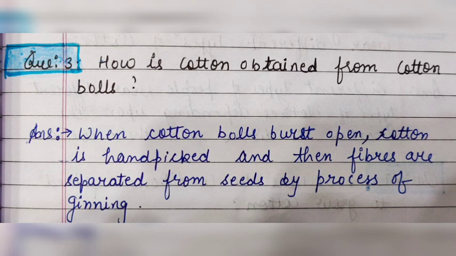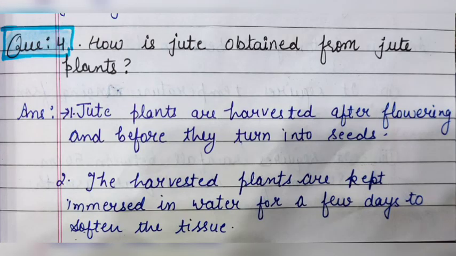The fruit of the cotton plant, that is cotton balls, are about the size of a lemon. When the crop grows to maturity, the cotton ball bursts open, and seeds with their fibers are harvested. Cotton is usually handpicked from the cotton balls, and the separation of the fibers from the seeds is known as the process of ginning.